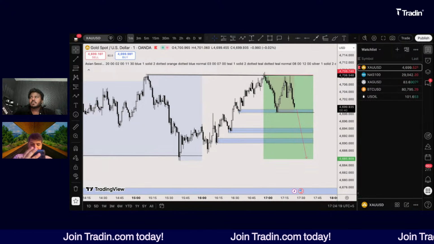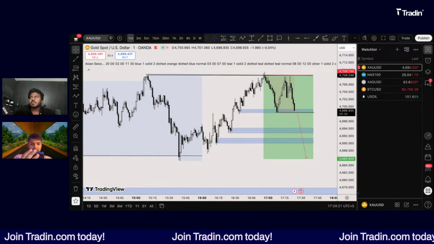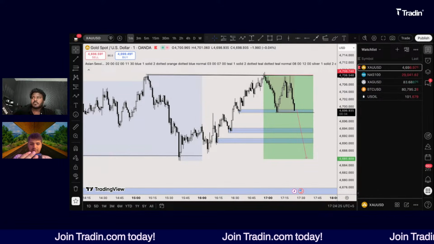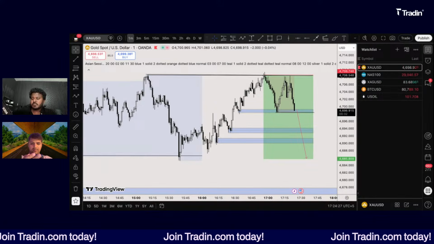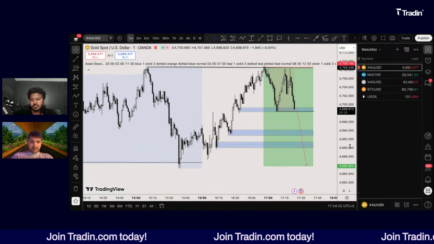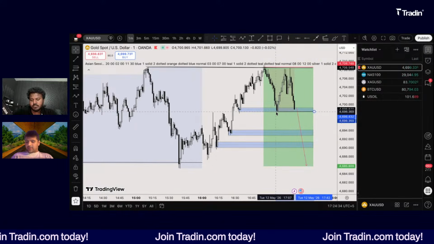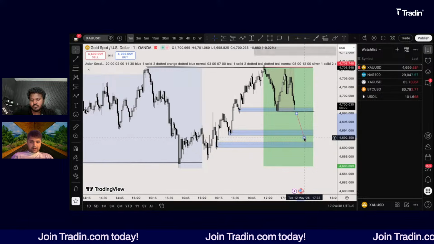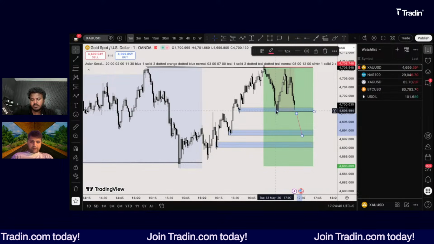Maybe after breaking out of this zone, the next move could be down to this area. But let's see if it breaks below the swing low first.